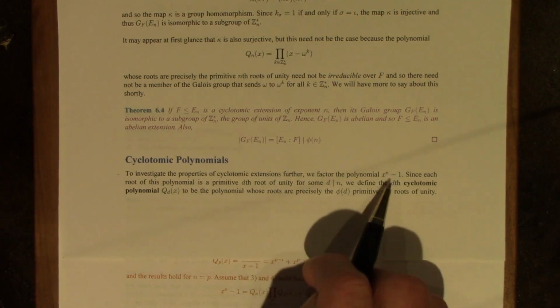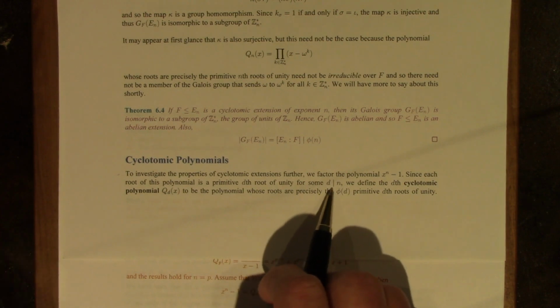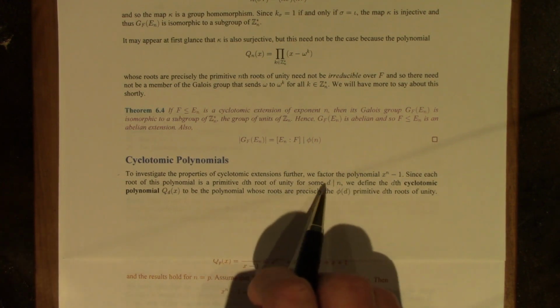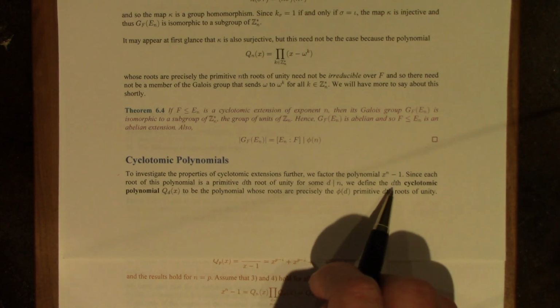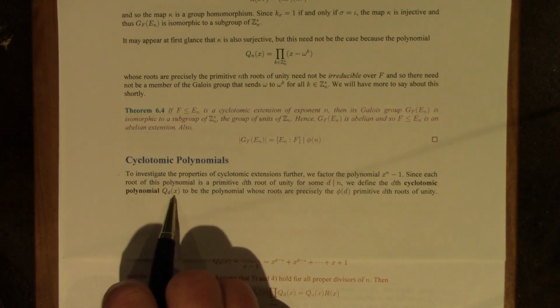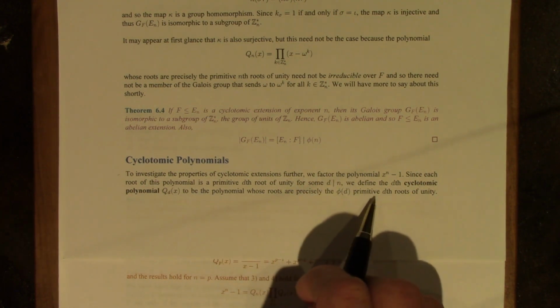Since each root of this polynomial is an nth root of unity, which makes it a primitive dth root of unity for some d dividing n, we're going to define what is called the dth cyclotomic polynomial, q sub d of x, to be the polynomial whose roots are precisely the phi of d primitive dth roots of unity.